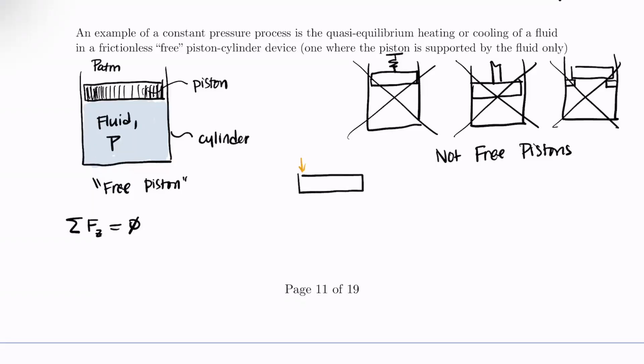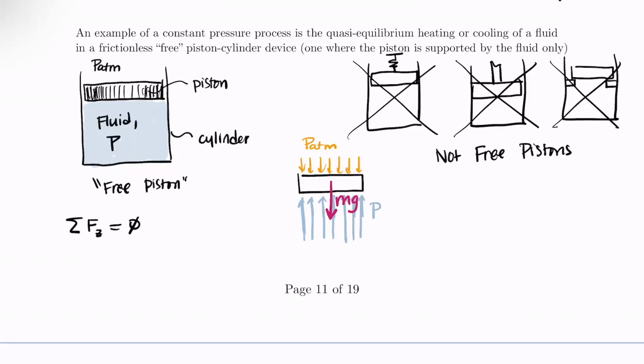So we have atmospheric pressure on the top. We have the fluid pressure on the bottom, which I'll try to make look bigger. All right, and then we also have mass times gravity, right? So these are our forces that we have.